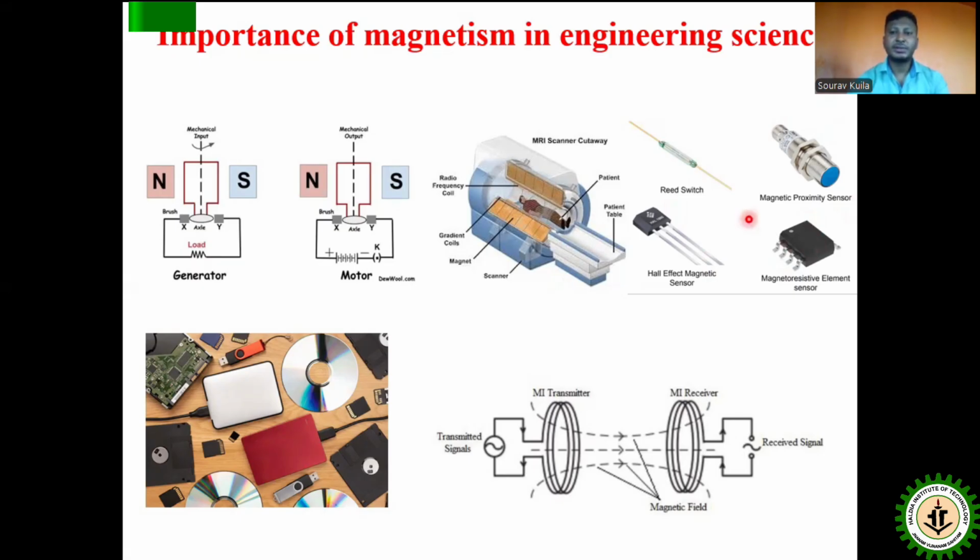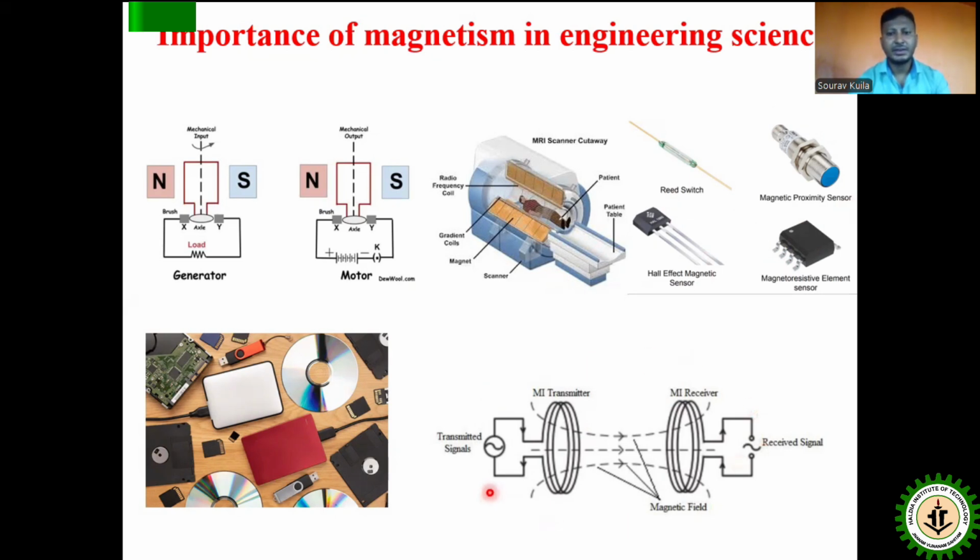In these sensors also, magnetic materials are used. Here is a very well-known image of our regularly used memory devices like memory chip, RAM, ROM, hard drive, everywhere. The magnetic memory devices are made using magnetic materials.